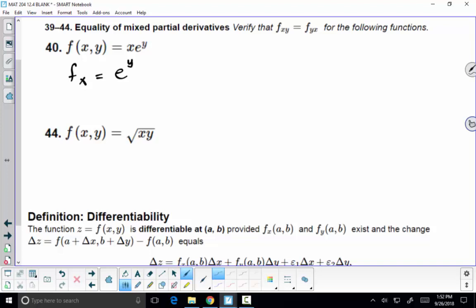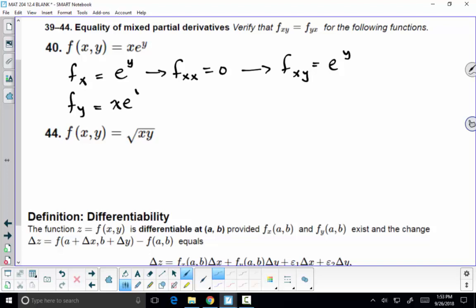The coefficient here is e to the y. So what would f sub xx be? 0. Yep, 0. What would f sub xy be? E to the y. So let's go with f sub y. F sub y is going to be x e to the y.